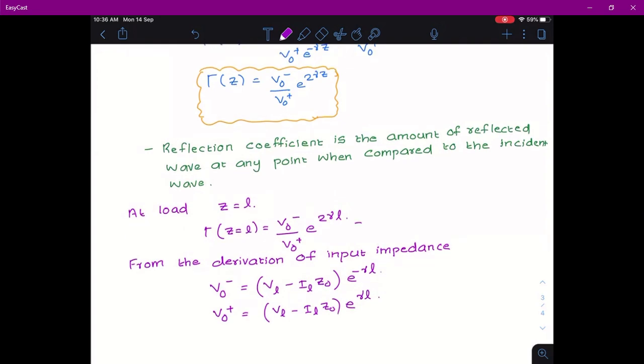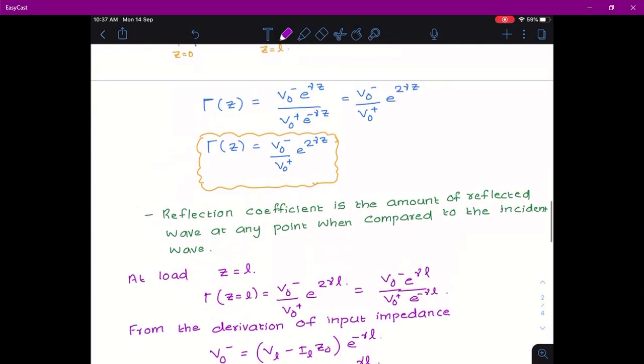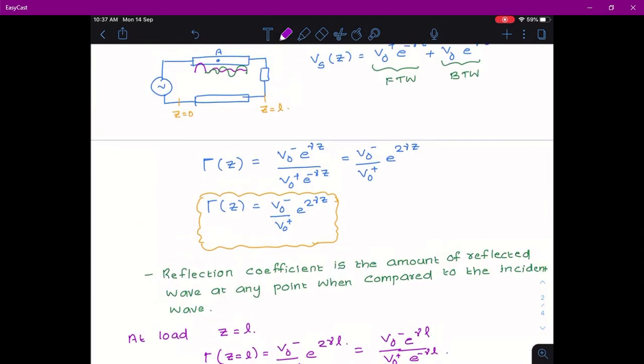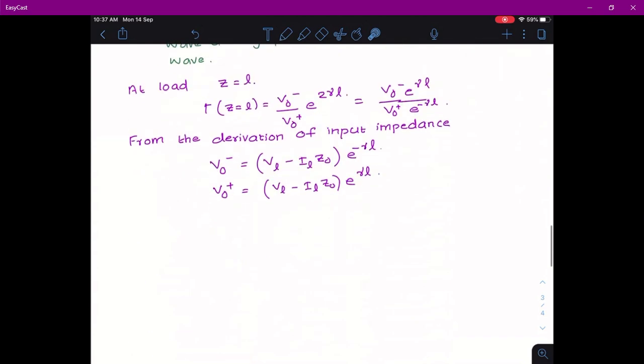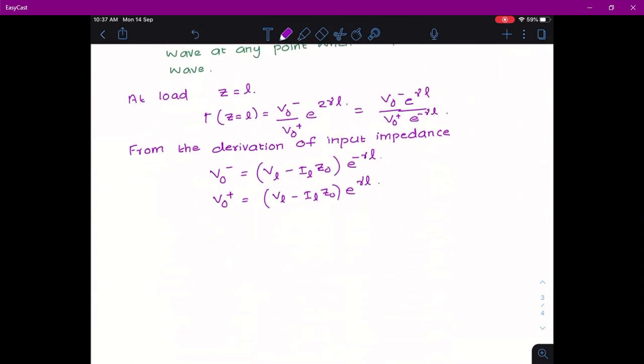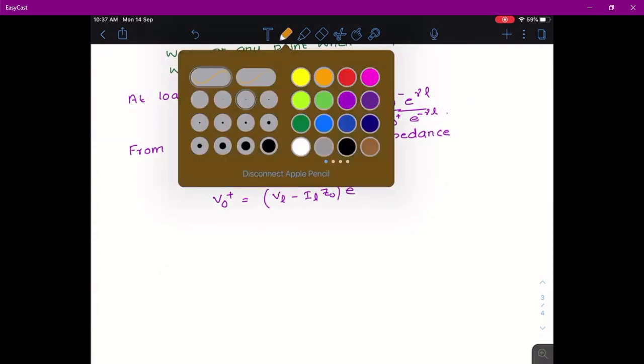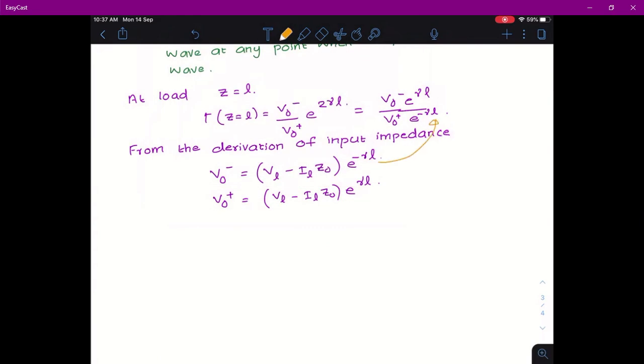Now, this is actually V0 minus by V0 plus e raised to gamma L by e raised to minus gamma L, which is from this equation. Just substitute Z equal to L.